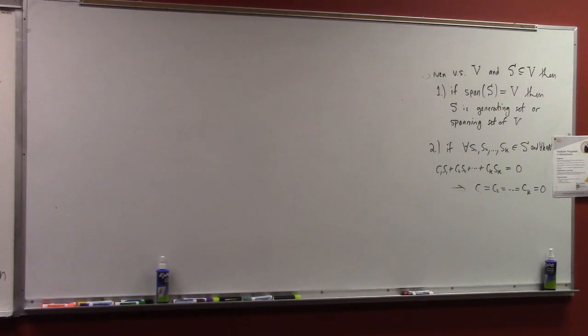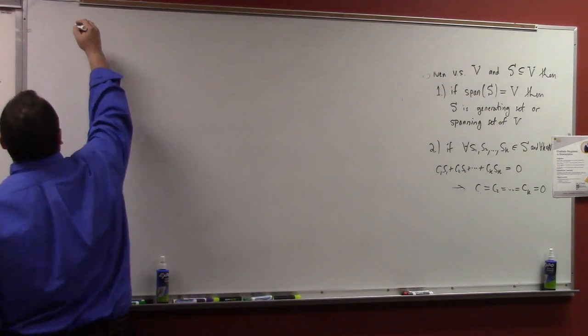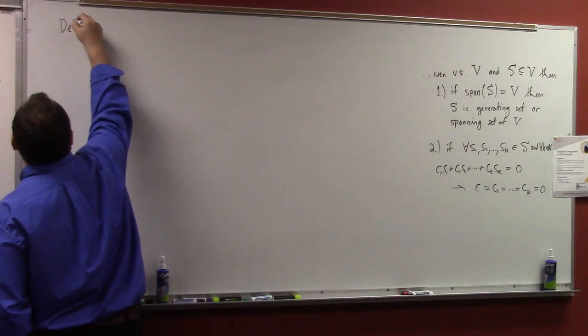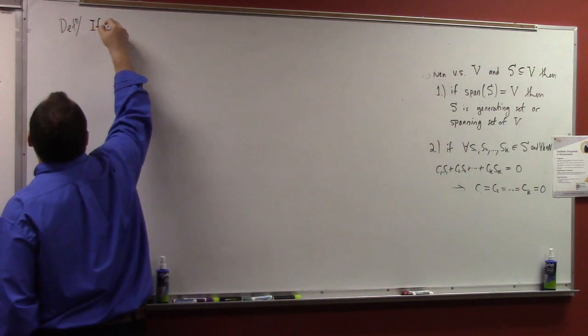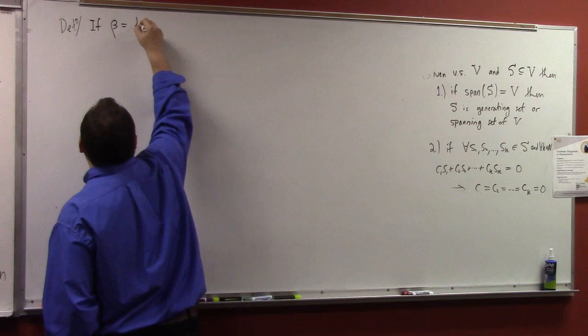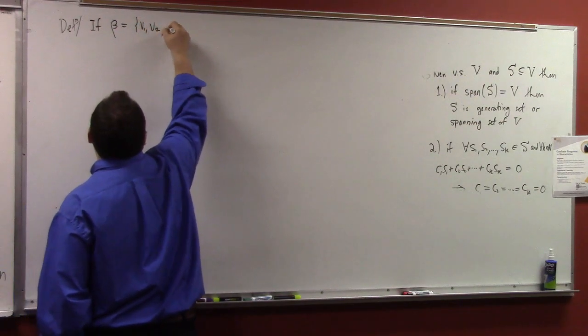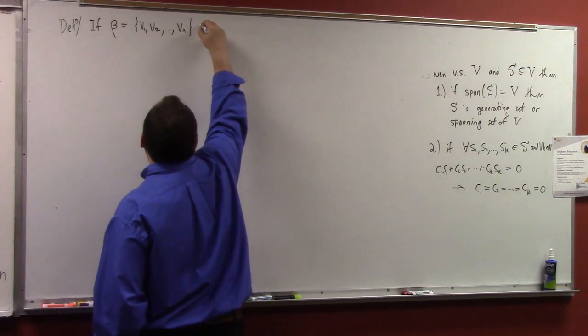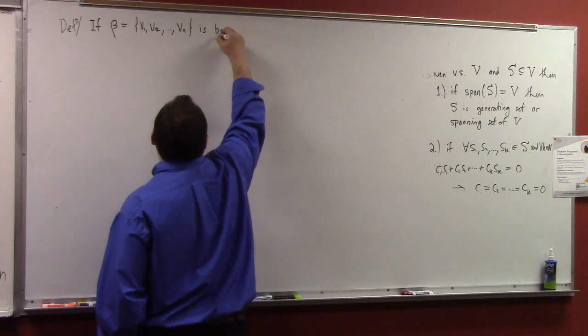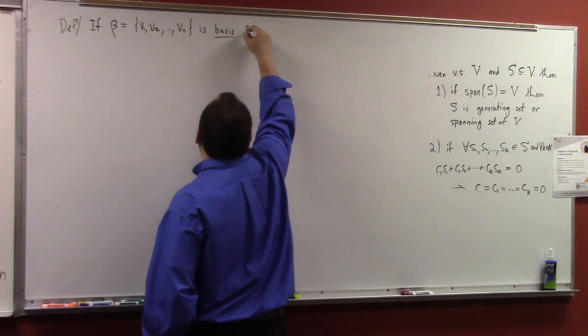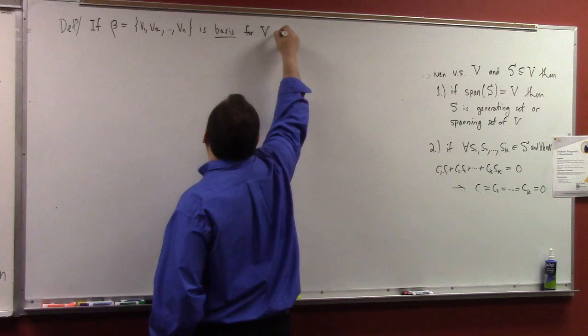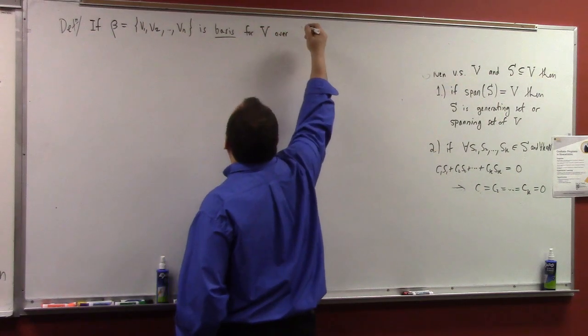If you have a basis. So definition: if beta equal to, let's say, V1, V2, Vn is a basis for V over F, right?